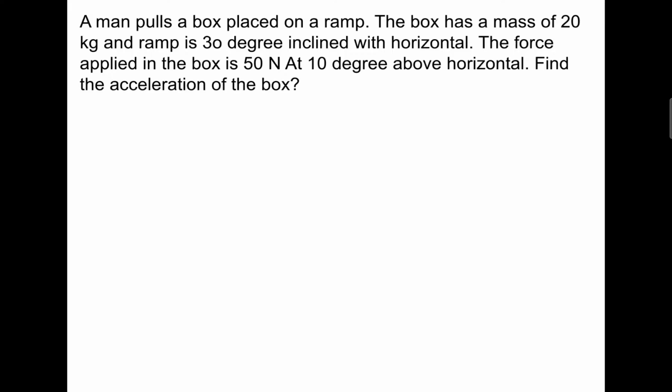Let me read this question. A man pulls a box placed on a ramp. A ramp is an inclined plane. The box has a mass of 20 kg and the ramp is inclined 30 degrees with the horizontal. The force applied on the box is 50 Newton at 10 degrees above the horizontal. Find the acceleration of the box.